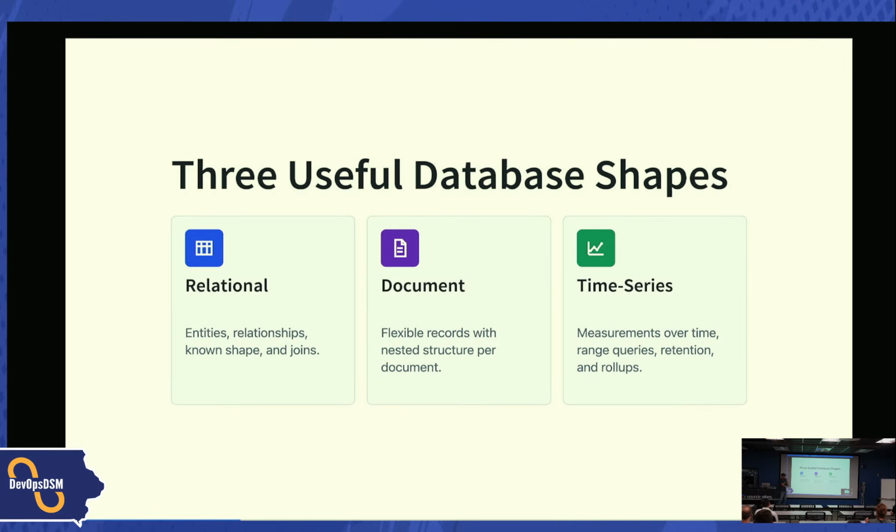A document store would be like if you've heard of MongoDB or used it, or in AWS, DynamoDB. There's an engine called DocumentDB, which is the open source kind of version of MongoDB. And that is flexible, so each item doesn't have to be structured the same way like it does in a relational data store. So that's one of the advantages.